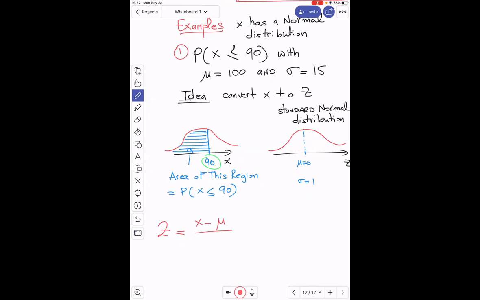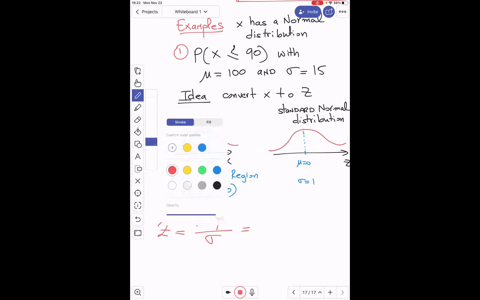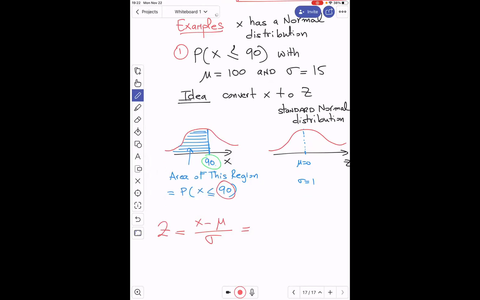In this problem, we need x to the left of 90, so we need to convert this 90 to the variable z. So x is 90. This is 90 minus mu. What's mu in this problem? It's 100.